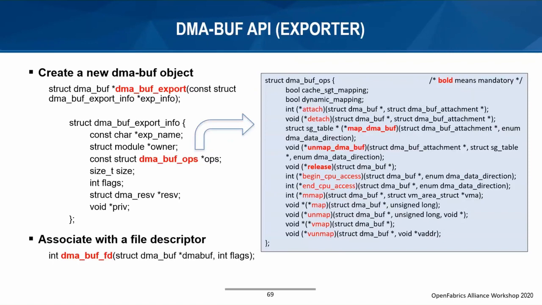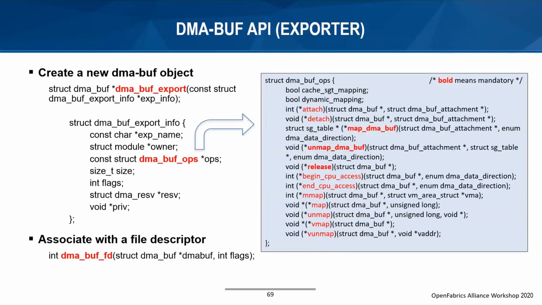Many of them are optional, but several are mandatory. Mainly, there's one called map DMA-BUF. That one is doing the address translation. It's similar to what dma_map_sg does. And at the same time, it should also pin the buffer.